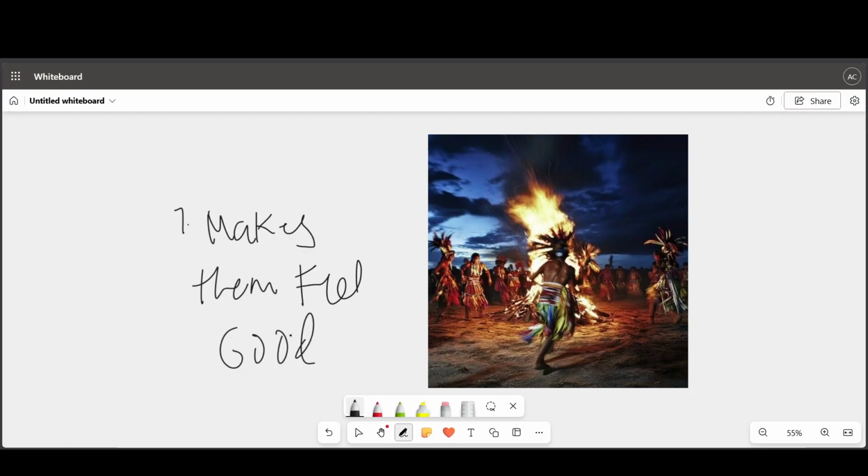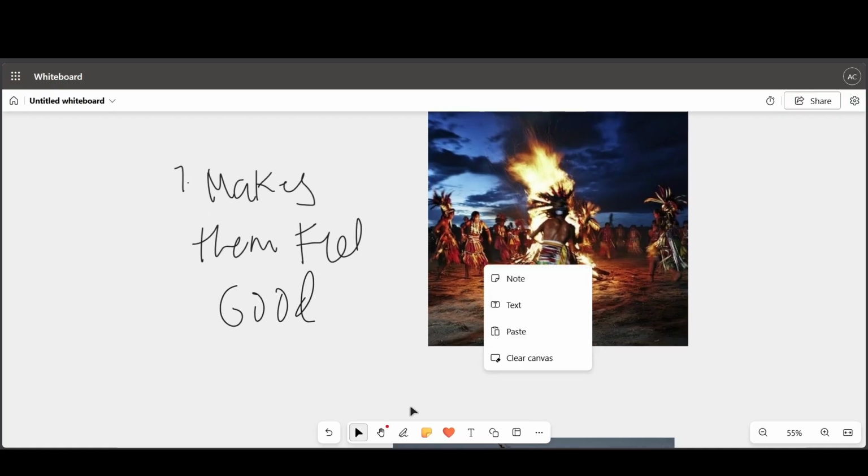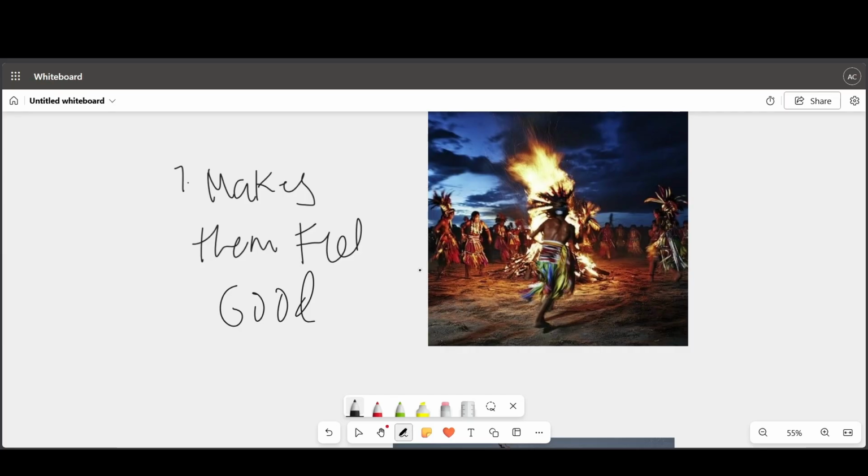As we said earlier, it releases endorphins, your brain's very own painkiller, which lifts your overall mood, and it also releases dopamine. That is exactly why our ancestors did this.